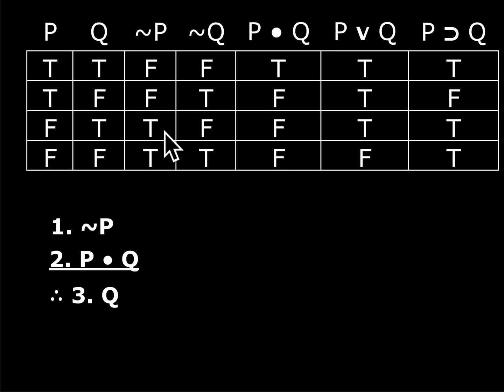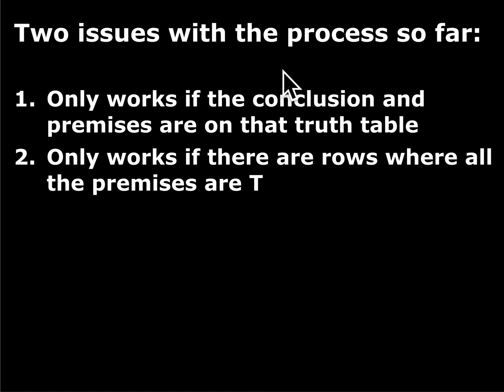Not P, that's rows 3 and 4 where that's true. P and Q, that's only true on row 1. So what are the rows where all of the premises are true? There aren't any. Okay? Well, that's a problem because step 1 of the test was to find the rows where the premises are all true, and there aren't any, so we can't continue on with the test. So these are the two limitations so far.